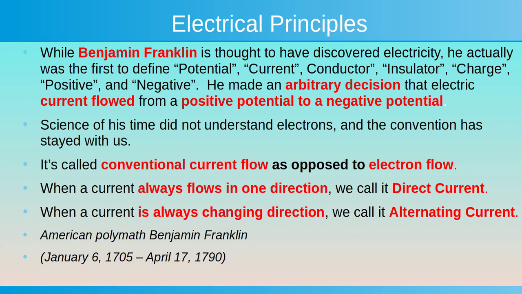We call it direct current if it's always flowing in one direction, whether you call it conventional or not, like from a battery. We call it alternating current when it actually changes direction, which is what you get out of your wall socket at your house. It's 120 volt alternating current, and it goes from positive to negative and back 60 times a second.